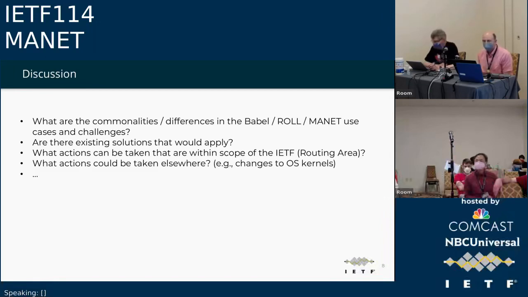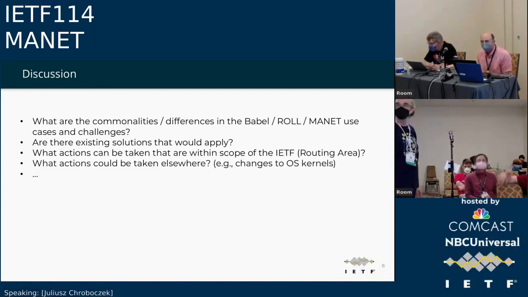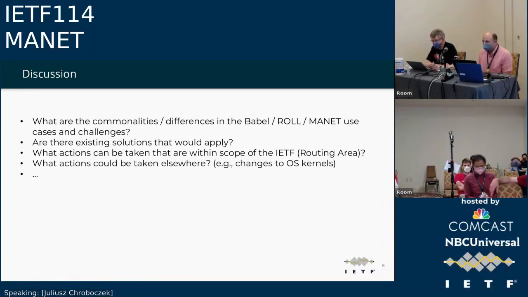Julius? Yeah, I'd like to come back to the point that David made earlier. So David made two points that I fully agree with. He said that the protocols that work well for multicast are protocols that use extra encapsulation. And that basically the alternative to encapsulation is to have duplicate suppression.